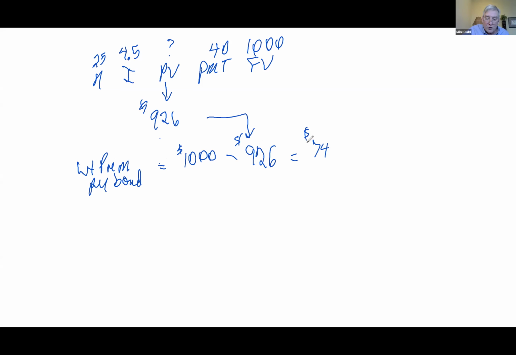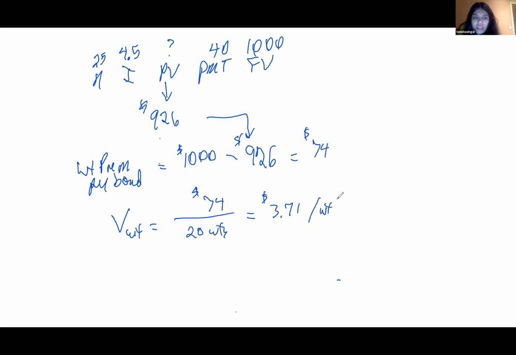Since there are 20 warrants attached to each bond, the $74 is spread over the 20, so divided by 20. So the warrants are worth approximately, if I carry the math out, $3.71 apiece.